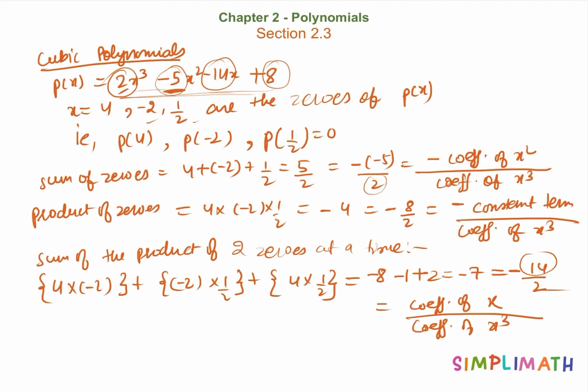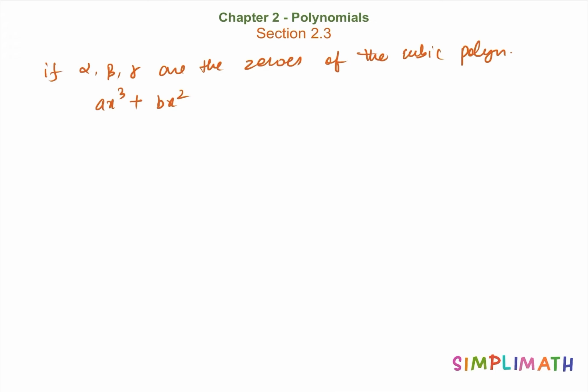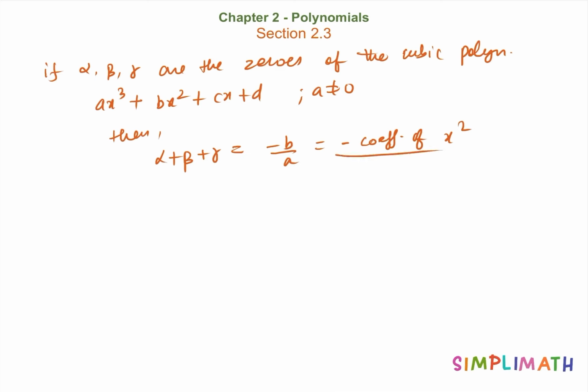So now let us generalize this. For a cubic polynomial, if alpha, beta and gamma are the zeros of the cubic polynomial ax cube plus bx square plus cx plus d, where a is not equal to 0, then alpha plus beta plus gamma equals to minus b by a, which is equal to minus of coefficient of x square upon coefficient of x cube.